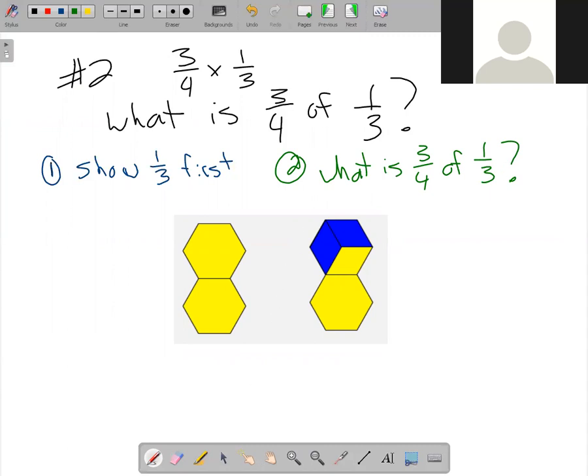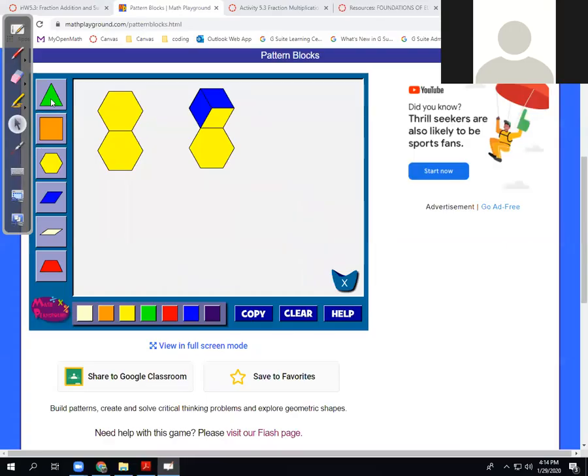Yeah, so I'm going to go back to my toy and trade in these guys for some triangles. I really do believe it's important to hold these physical things in your hand to play around when you're new at this. Don't just start trying to draw it out. Okay. So that is still 1/3.